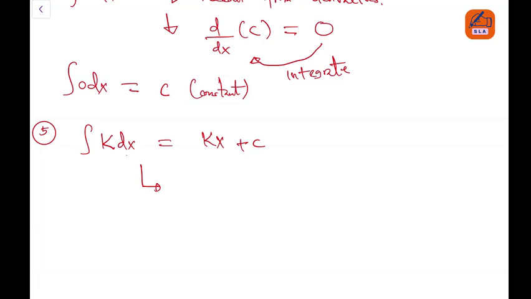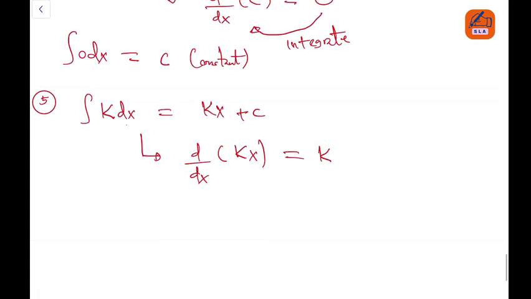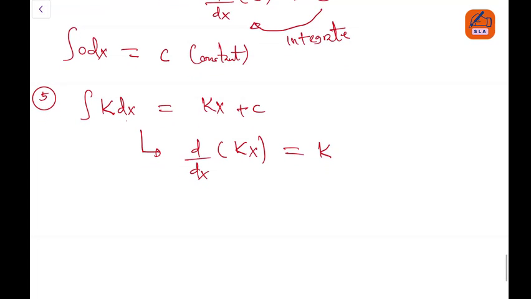In differentiation, when you take d dx of kx, you take 1 minus 1, which is 0, so it becomes k. If from derivation it becomes k, then when you integrate this constant k, this is where you get kx.